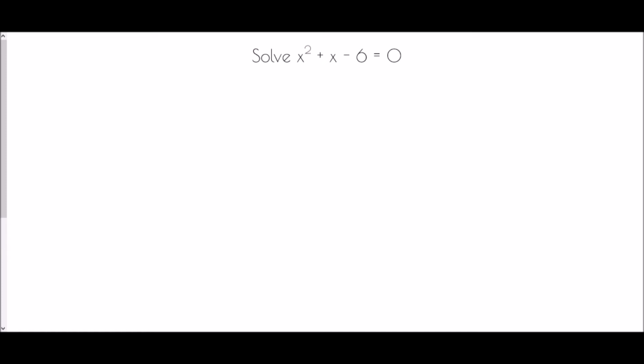So let's try it again. X squared plus x take away 6 equals 0. So again, already in the form equals 0, so that's good. So all we then want to do is see if we can factorise it. Well, we've got an x in each case. I then need two numbers which are going to multiply to make negative 6.